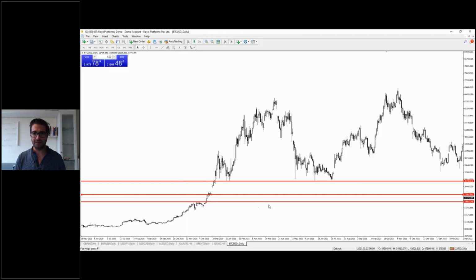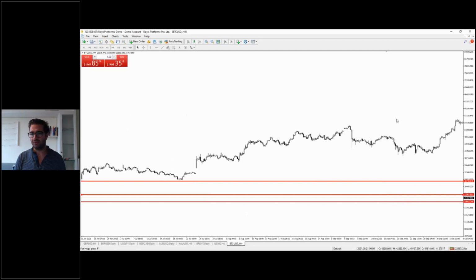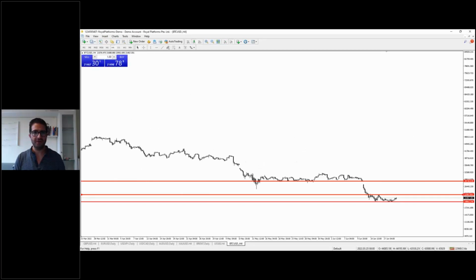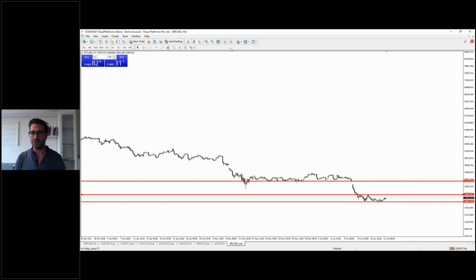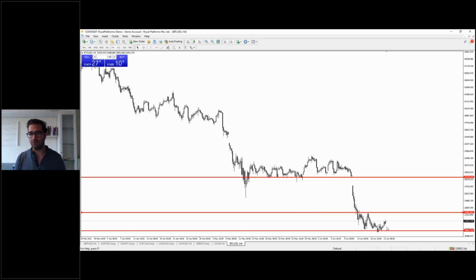So the market found a bottom here, and it's trying to reverse, but for now the reversal is weak. We cannot see strong bullish bars to the upside. We have bullish bars, but they are not that strong. They don't have big bodies. They are a little bit, we can say, shy.